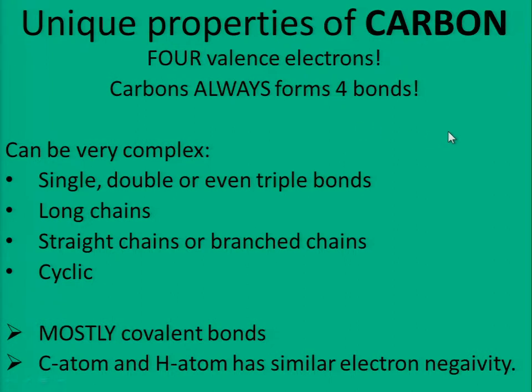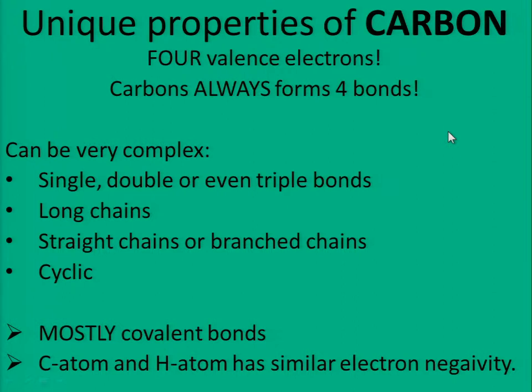They've got unique properties because of the carbon atoms. Organic molecules all have carbon atoms, and they are special because carbon atoms always form 4 bonds. This is very important. For organic chemistry, you need to know that carbons always form 4 bonds.